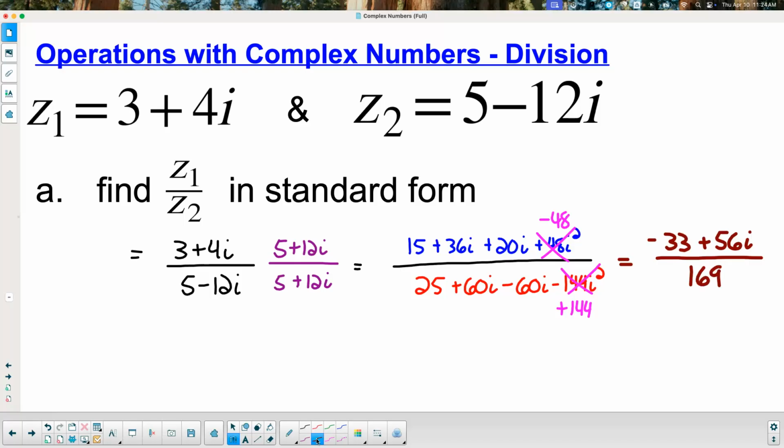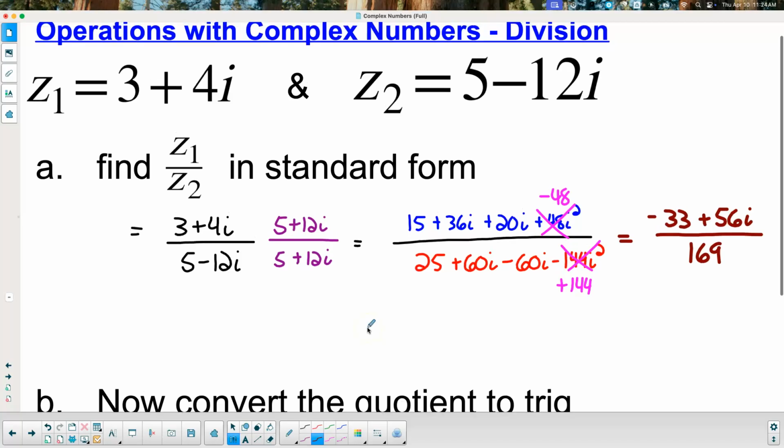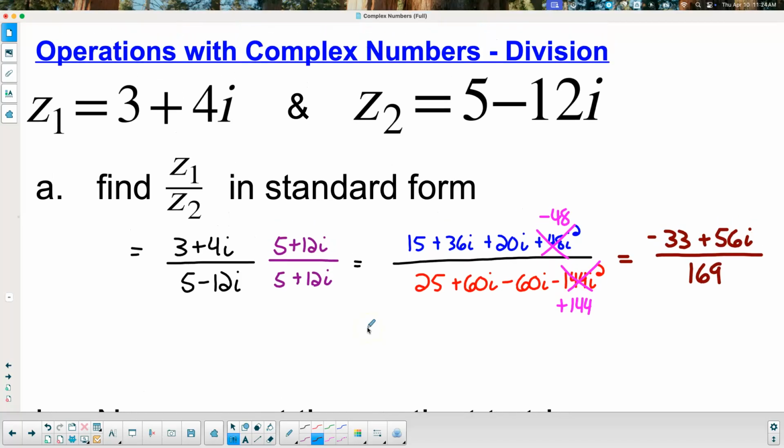Okay. Or, because we need a's and b's here coming up, this would be negative 33 over 169 plus 56 over 169i. Right?